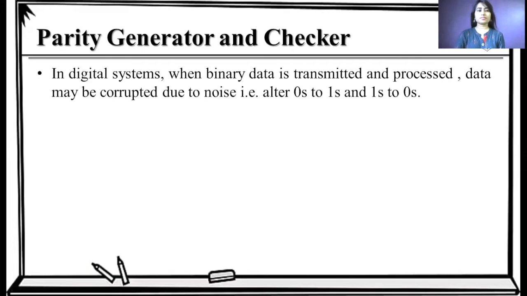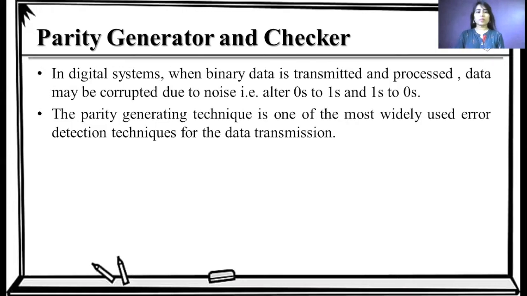Parity generator and checker. In digital systems, when binary data is transmitted and processed, data may be corrupted due to noise and altered from zeros to ones and ones to zeros. The parity generating technique is one of the most widely used error detection techniques for data transmission.